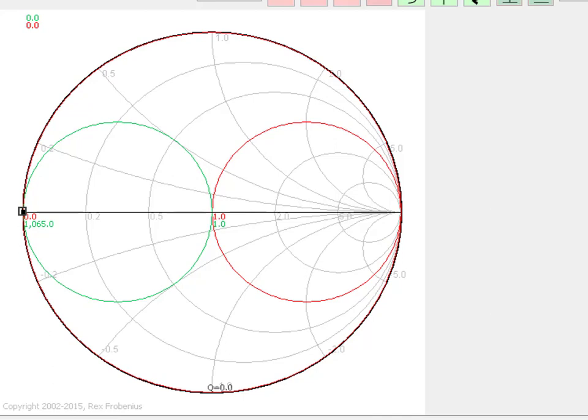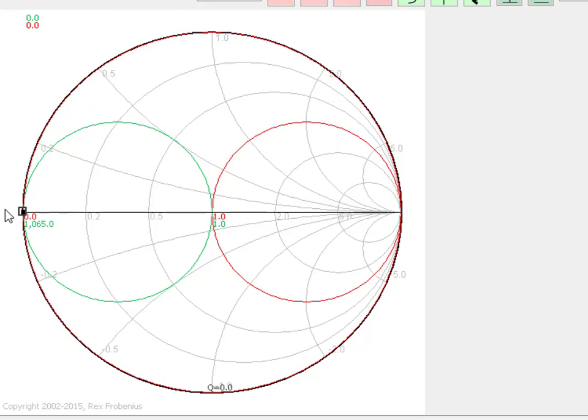Let's look at some of the significant observations we can make on the Smith chart, and particularly with respect to working at higher frequencies. If you're working with a circuit and you wish to connect a component to ground, you're going to expect that what the component sees is a short to ground.